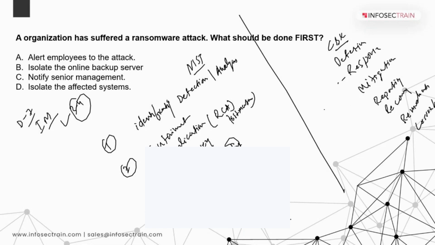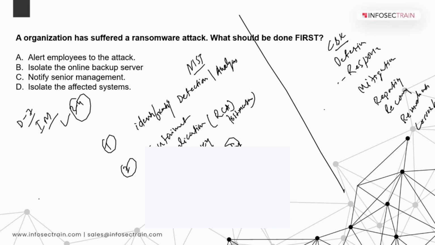See, so when you get options, you are trying to identify which one. Okay, now generally what do we actually perform when we get any incident.